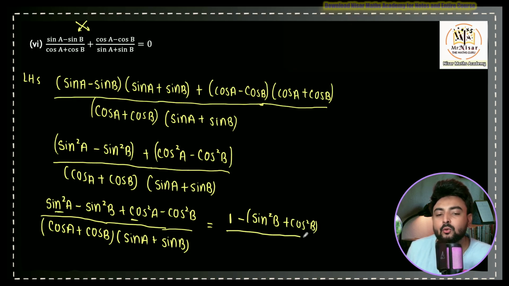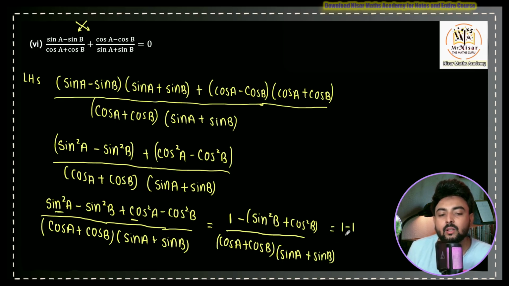Okay, and that is going to become what? Again 1, minus sin square plus cos square, it is going to become 1, and 1 minus 1 is 0. So 0 by anything, answer will be 0. Just I need to write this one. Yeah, very lengthy step, no problem. So it is 1 minus 1, that is equal to 0.